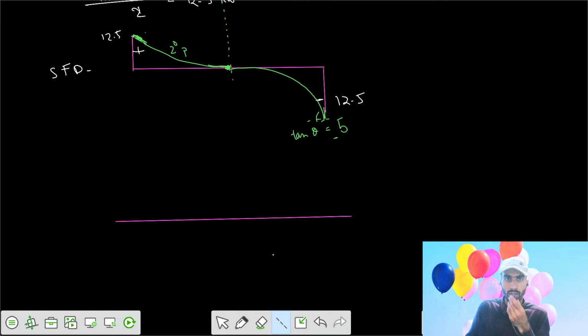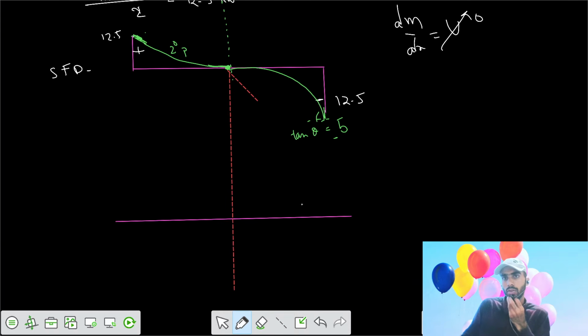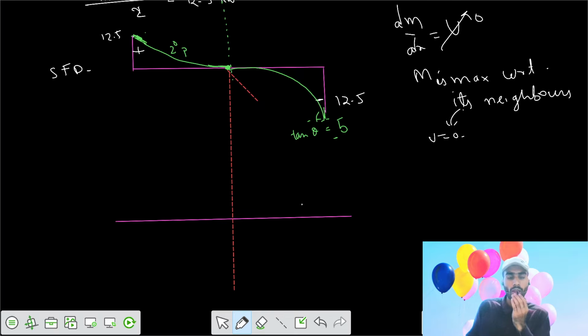So we have that dM by dx equals to V, at V equals to 0, we have that moment is maximum with respect to its neighbors. It means where the V is 0. So we got that moment at the end is equal to 0, since it was a simply supported beam, and the moment at the midspan we got the value of 20.833.